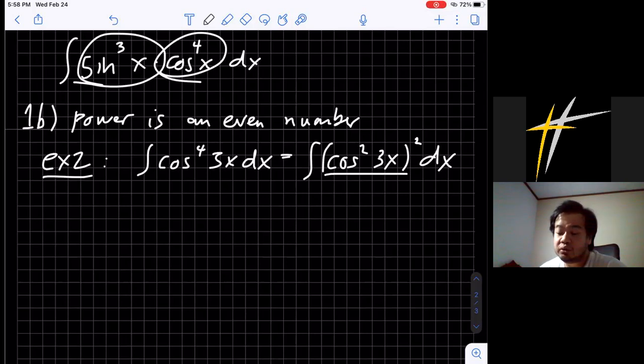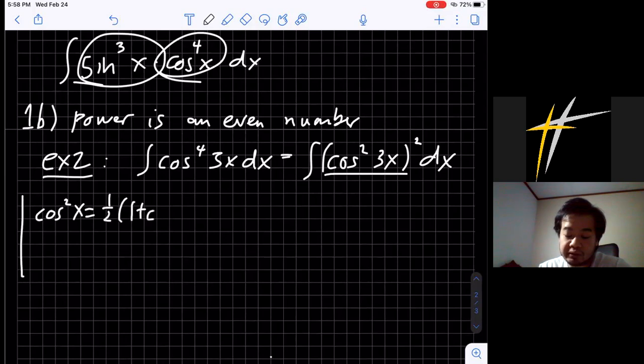And then what you need is the property of trigonometric functions related to the double argument. If you want to take a note, I will give you the formula that's usually used. Cosine square x is equal to half times 1 plus cosine 2x.